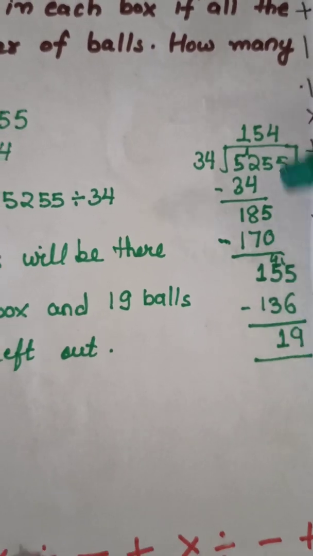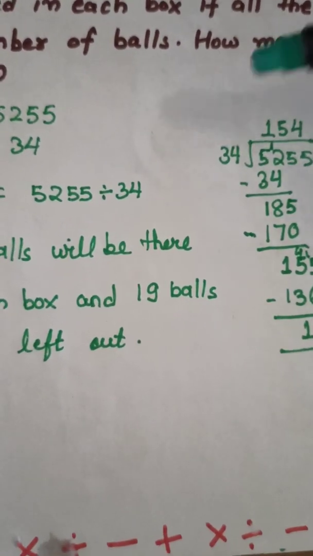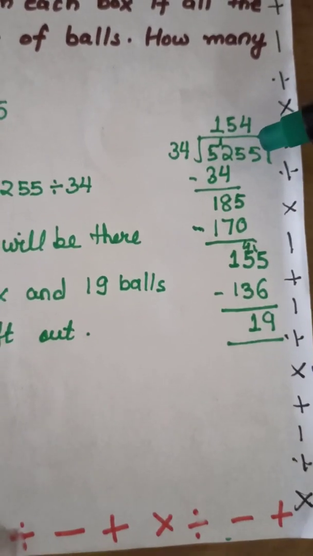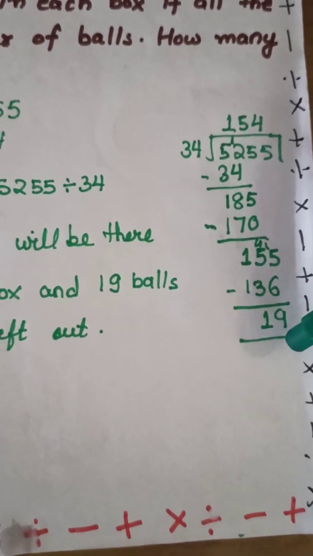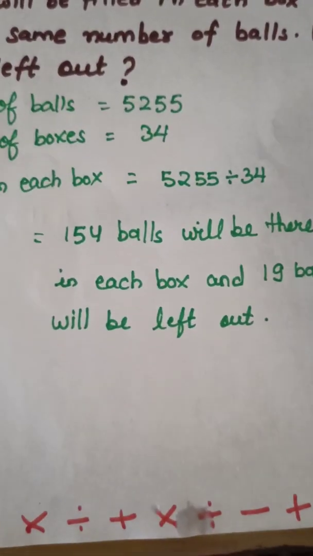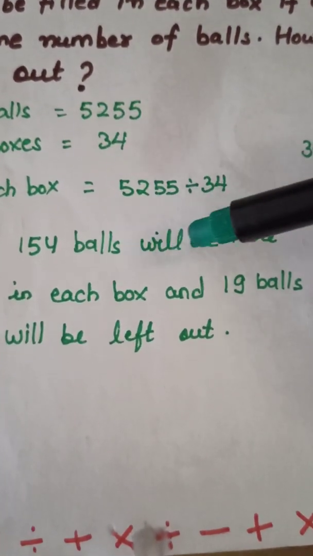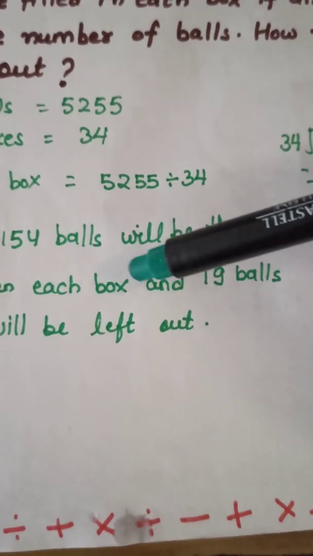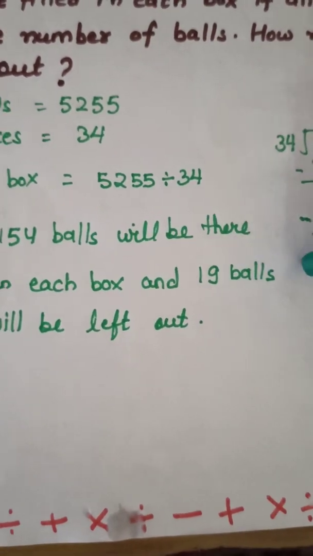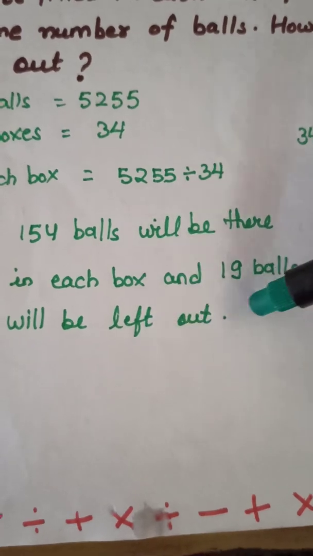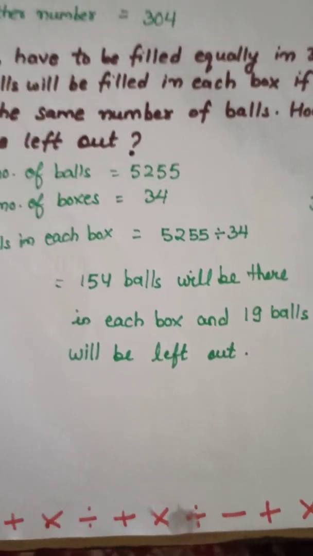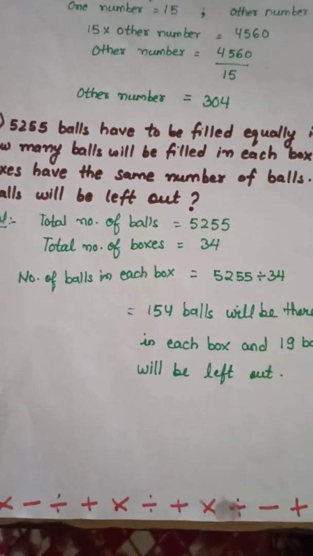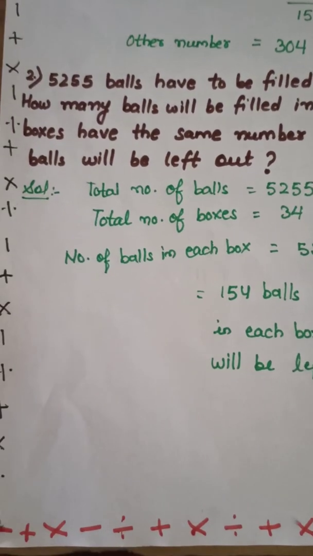So it means that in one box 154 balls will be there, and in total 19 balls will be left out. This is our answer: 154 balls in each box and 19 balls left out. So this is how we have done question number 2.